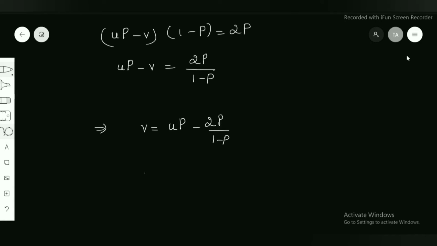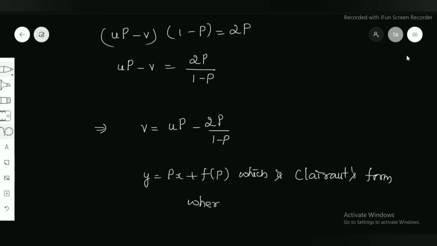If you carefully observe this, it is of the form y = px + f(p), which is Clairaut's form, where f(p) = -2p/(1 - p).